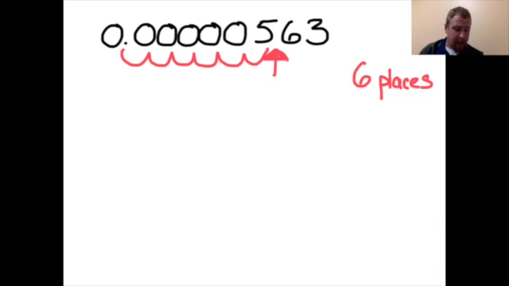So, in this particular case, I had to move that decimal 6 times so that I could end up with a decimal like this. But you see, 5.63 is not the same number as 0.0000563. It's much larger. I'm not looking to change the number. I'm just looking to change the way it looks.